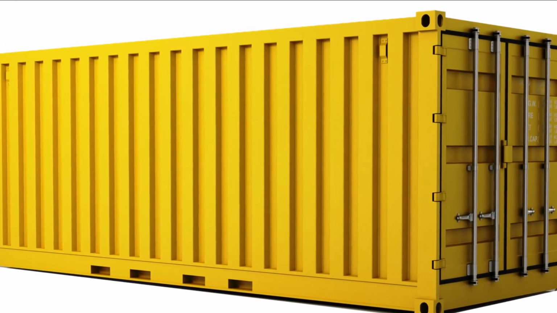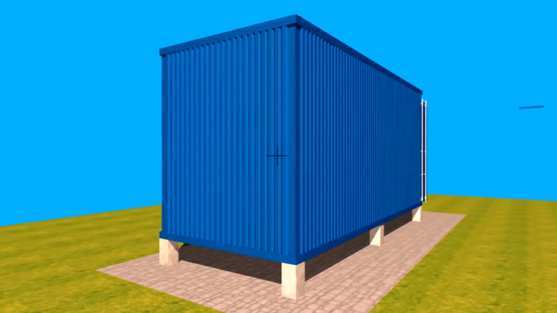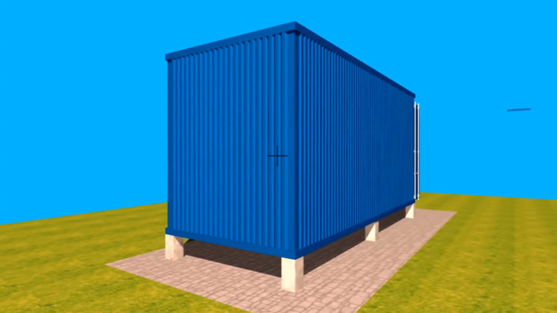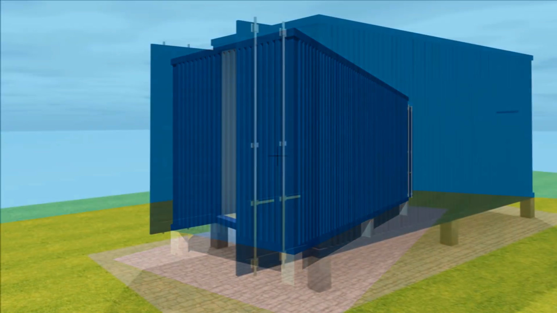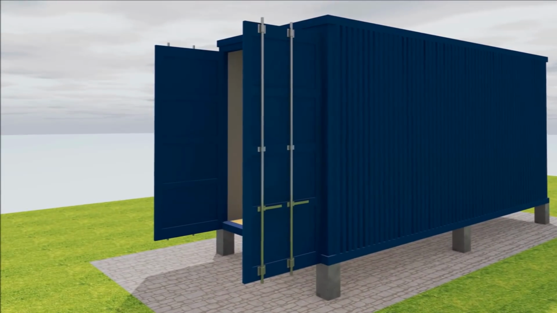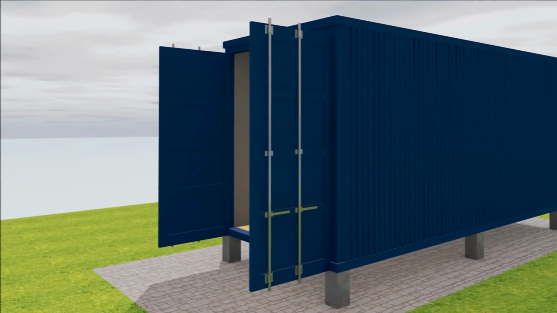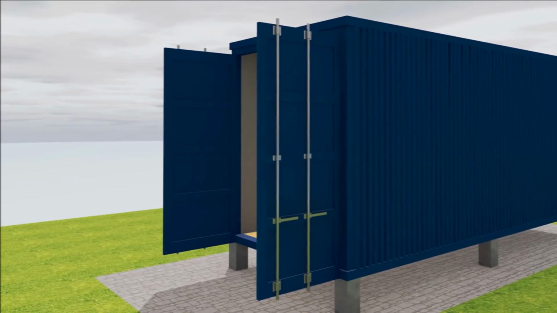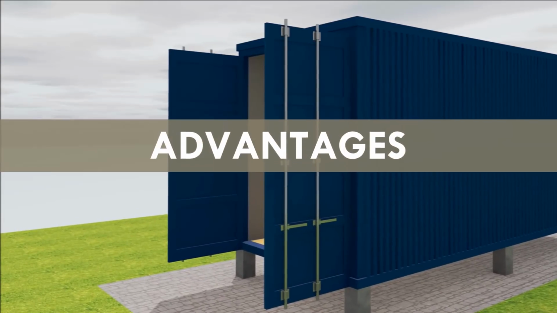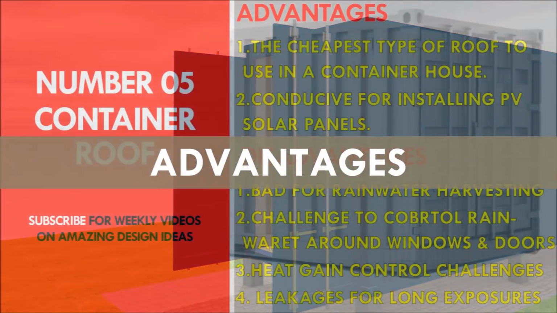Where two or more containers are placed side by side, it can be a bit difficult to create a container roof because closing the gap formed by the ISO corner blocks can be a bit of a nightmare for water drainage. So what are the advantages of using a container roof?